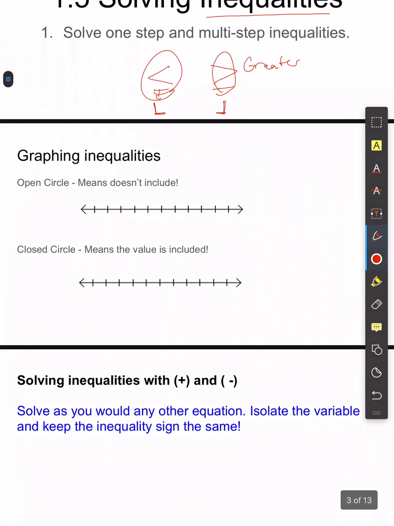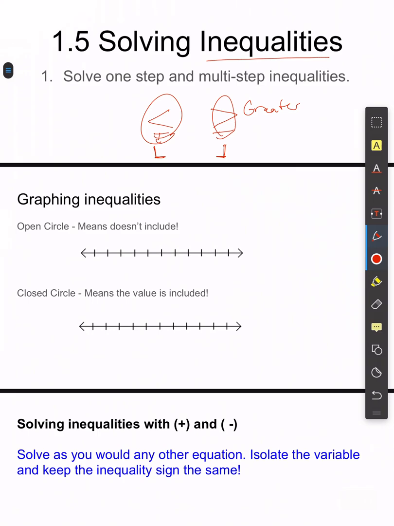So going into graphing right away, when we're graphing inequalities, remember that an open circle just means that it doesn't include the number. So if I said something like x is less than 3, here's 0, 1, 2, 3. If x is less than 3, you have to consider the fact that 2.9999999 is also less than 3, right?